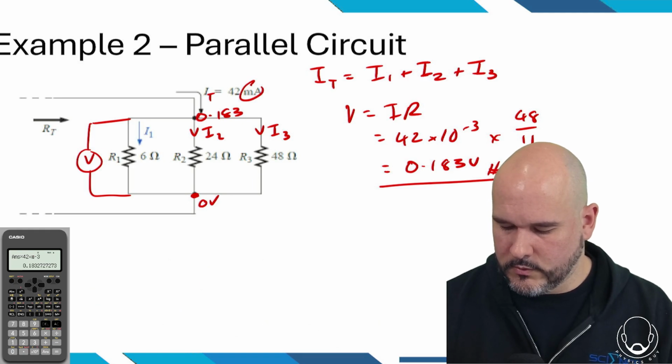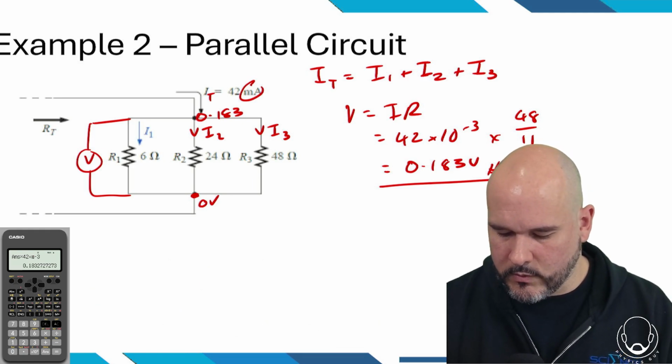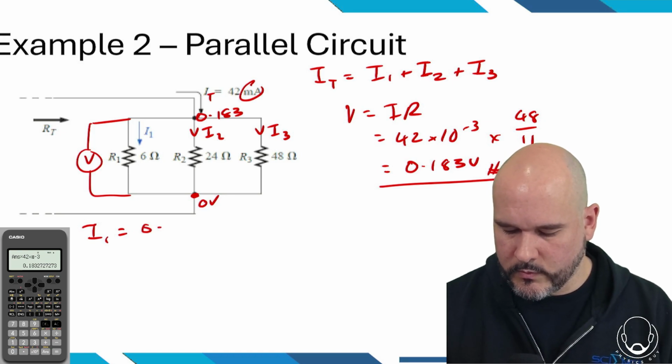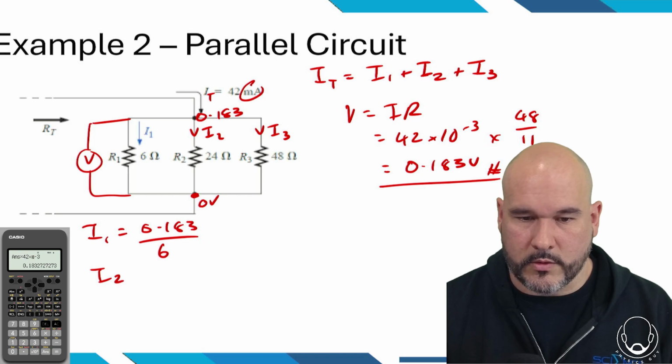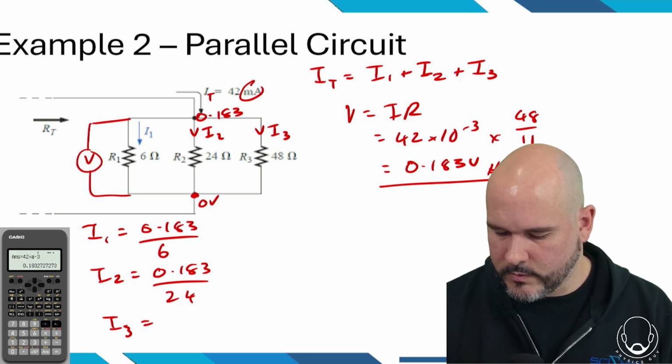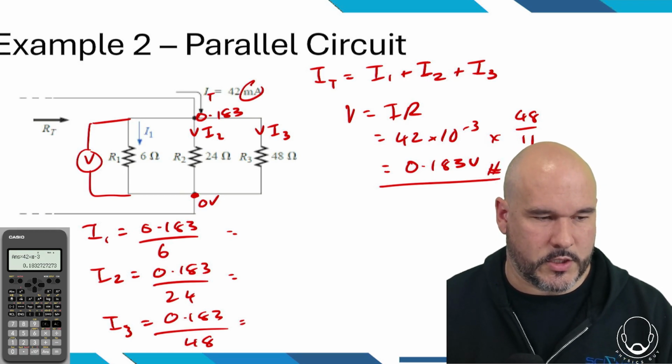We've done that. So current through resistor 1 is just going to be the voltage across resistor 1, which is my 0.183, divided by 6. Current through resistor 2, same deal: 0.183 divided by 24. Current through 3 is going to be 0.183 divided by 48. You notice these are all in nice ratios.